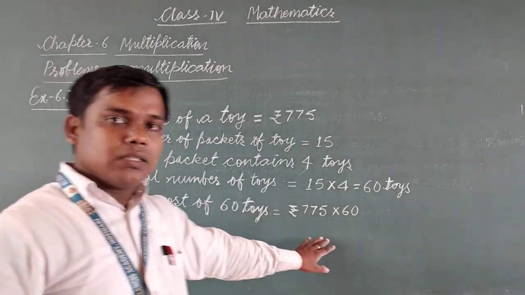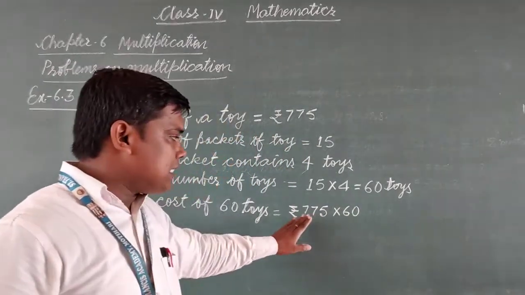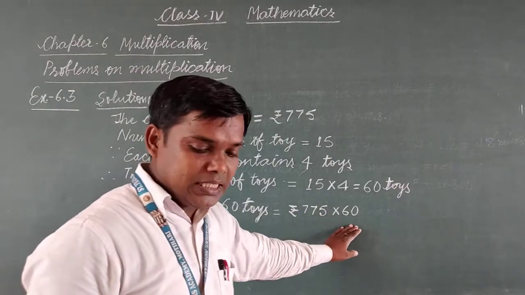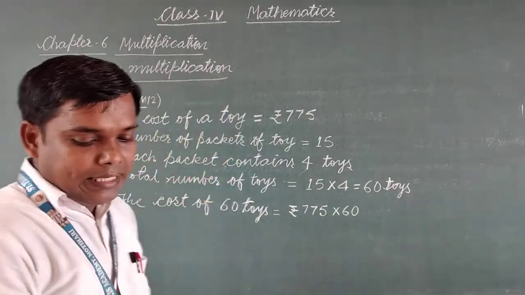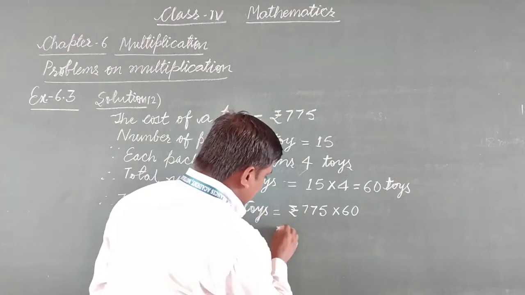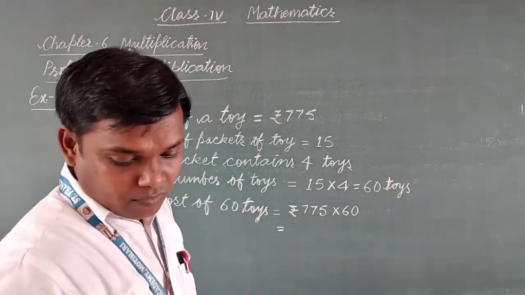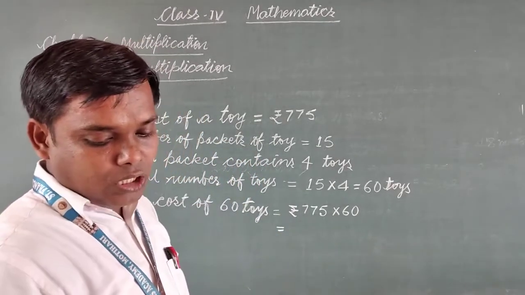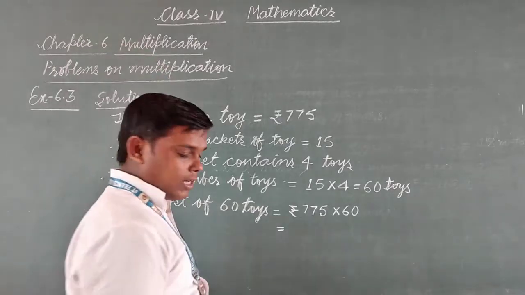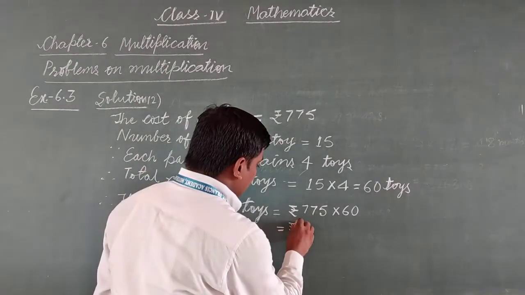When you multiply 775 by 60, you will get your answer 46,500 rupees.